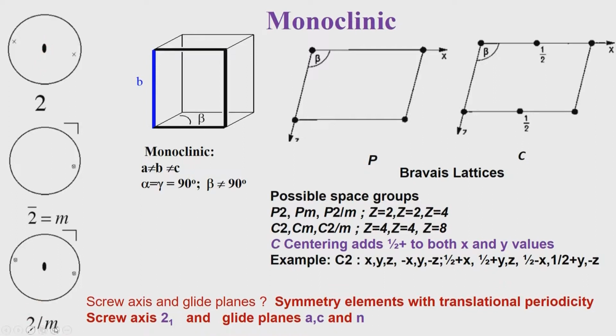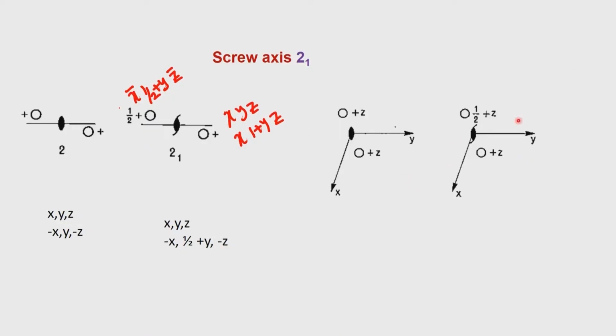That will give us the new point group, and the new point group can be present here as well. It could be 2-1 divided by m. That means a 2-1 operation with a mirror perpendicular to that. That is also a possible operation of the point group symmetry. So, additional symmetry elements means additional space groups. The two Bravais lattices P and C will both see these additional space groups, and therefore, we will have space groups like P21 and C21, P21 by m and C21 by m.